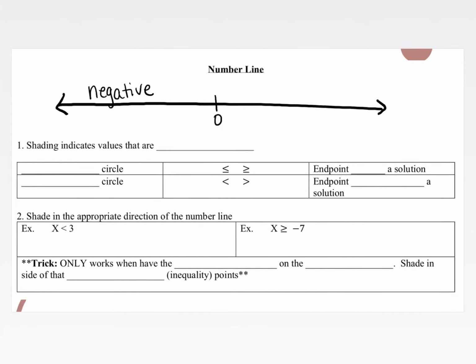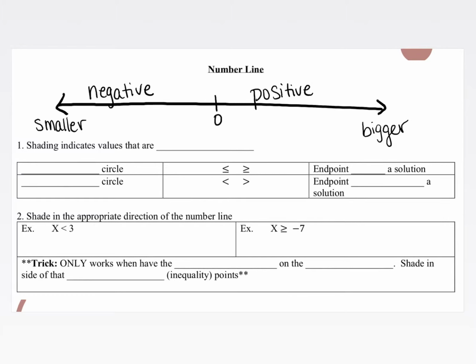To the right of the number line, our numbers are positive. As we go to the left, our numbers keep getting smaller and smaller and smaller, more negative. And as we keep going to the right, our numbers are getting bigger and bigger and bigger.